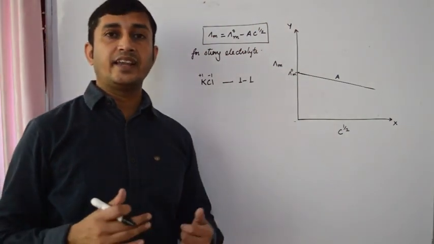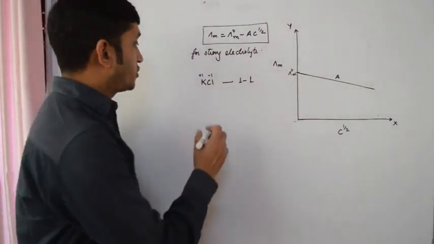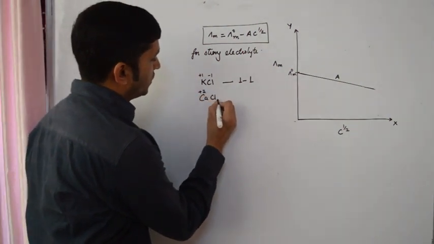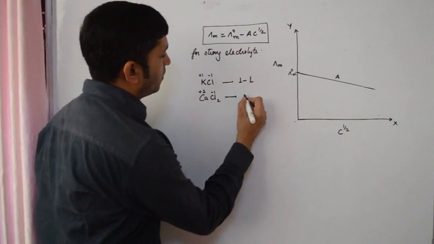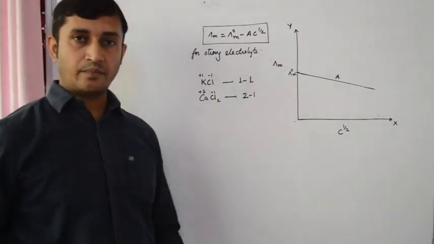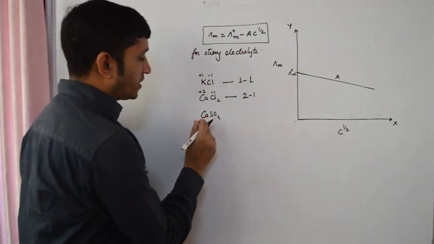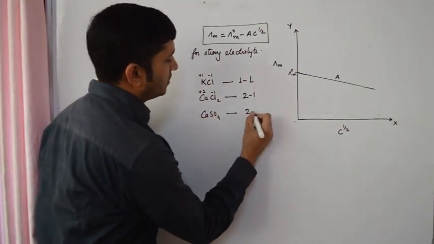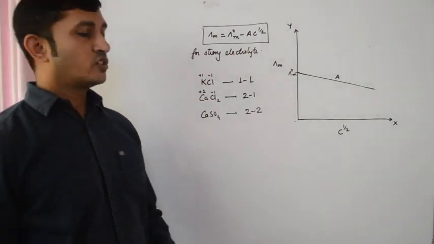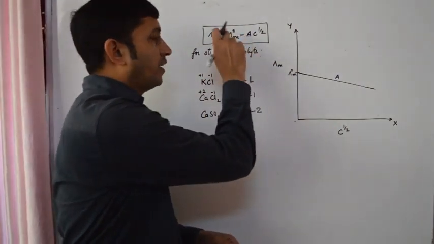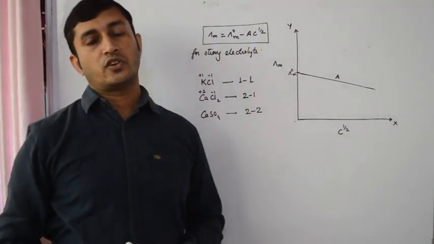In the same way, any electrolyte in which +2 charge is present on the cation and -1 charge on the anion will come under 2,1 type. Calcium sulfate, having +2 and -2 charge, comes under 2,2 type. So all electrolytes of the same type will have the same value of A, that is the Kohlrausch coefficient.